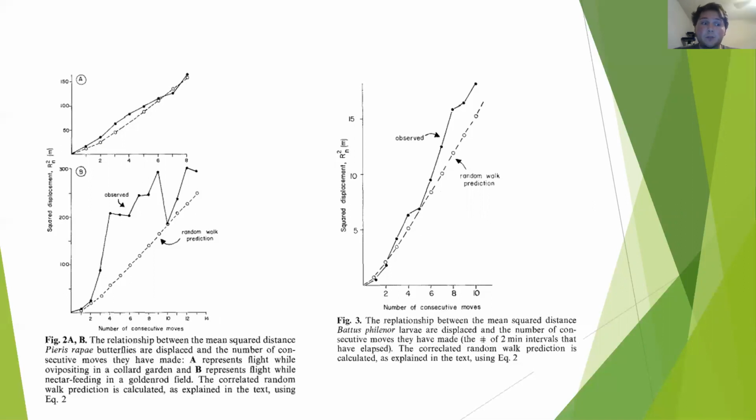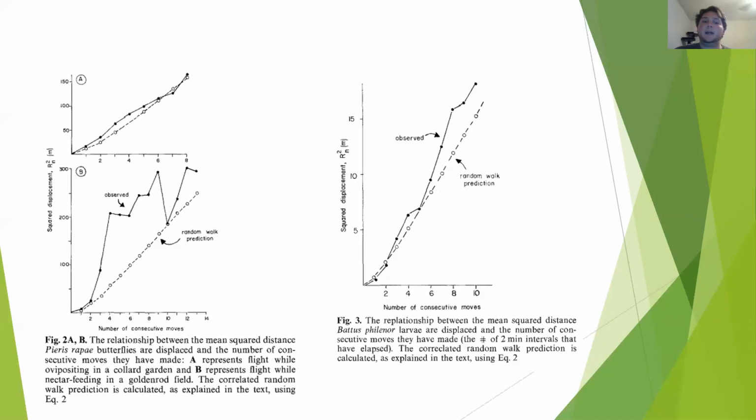And so they were able to predict how many moves and how far these butterflies were willing to go to oviposit and during ovipositing, which is impressive. However, it did not work for foraging because their explanation was that foraging is non-random. These butterflies aren't looking for a random spot to forage, they're looking for a specific spot.